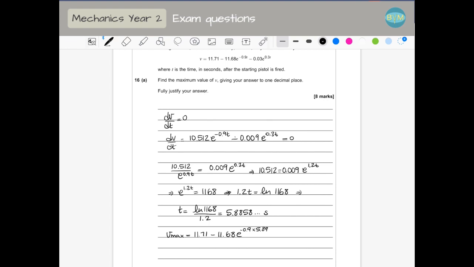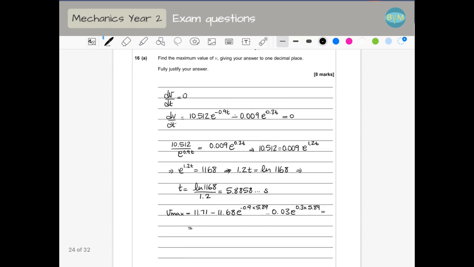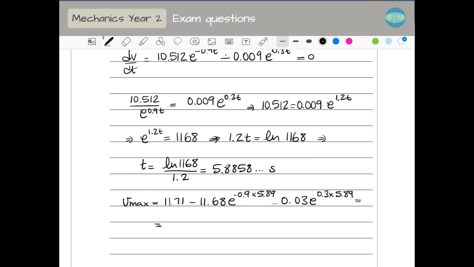I'm going to copy just a bit, but you should use the whole number. 0.3 e to the power of 0.3 times 5.89. You get 11.467. Rounded to one decimal place is 11.5 meters per second.